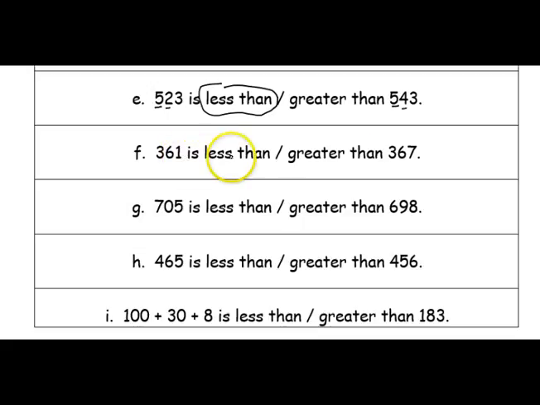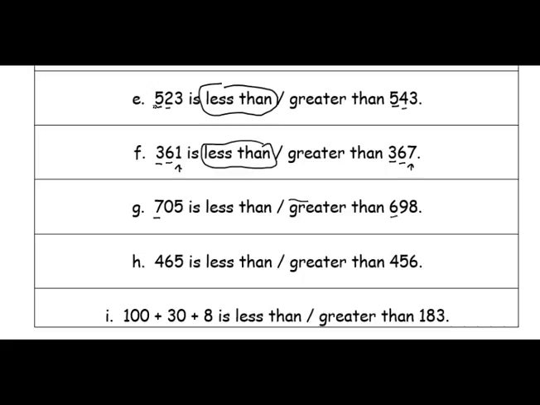When I compare 361 to 367, we can see they both have 3 groups of 100 and 6 groups of 10. My first number only has 1 in its units place, while the second number has 7. That means that 361 is less than 367. In problem G, I'm comparing 705 to 698. 705 has 7 groups of 100, while 698 only has 6 groups of 100.